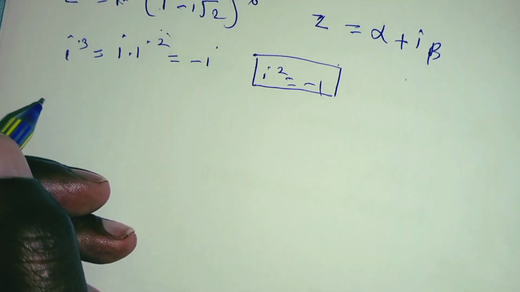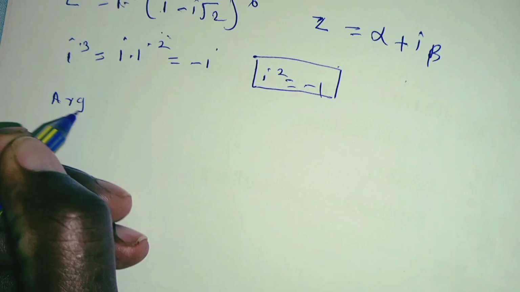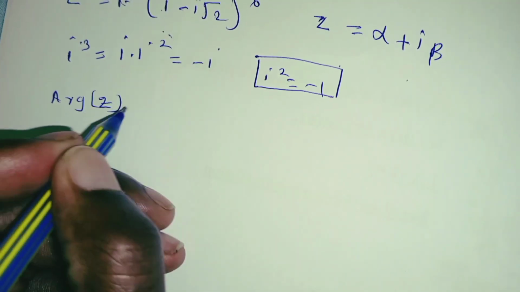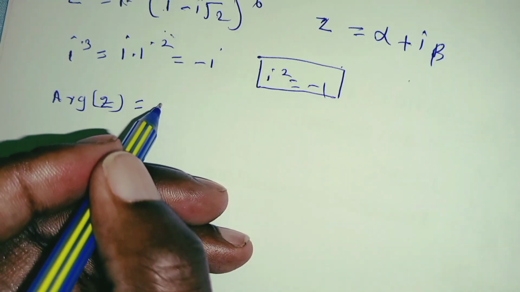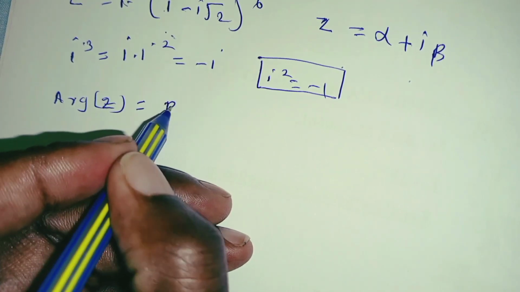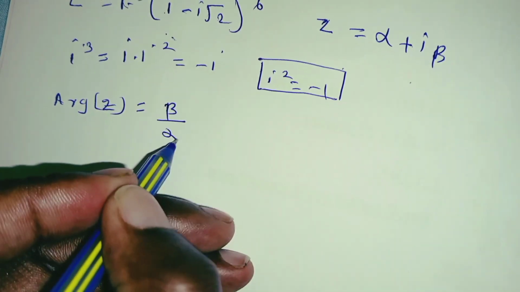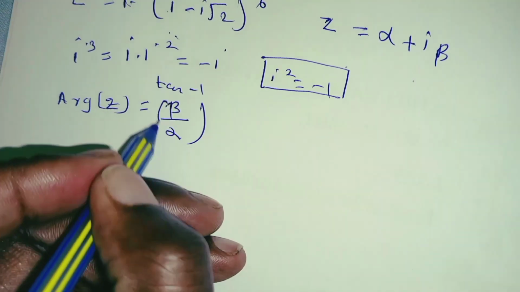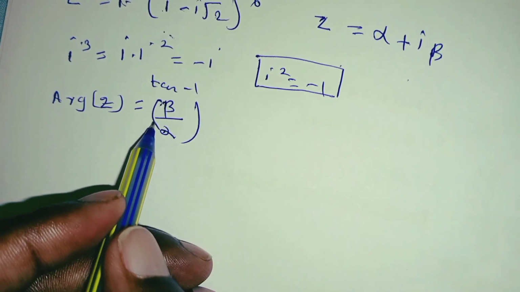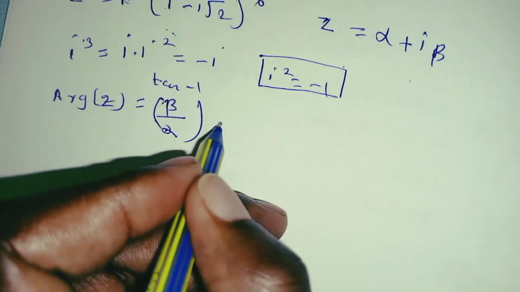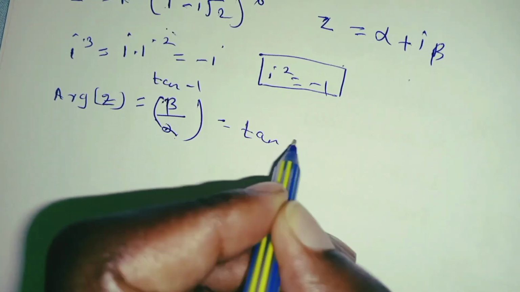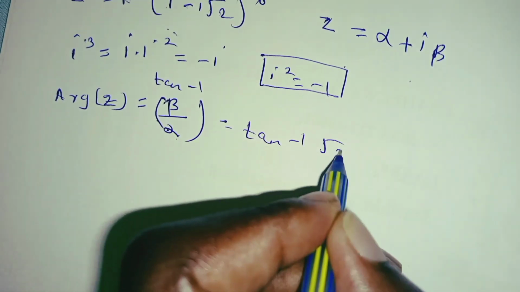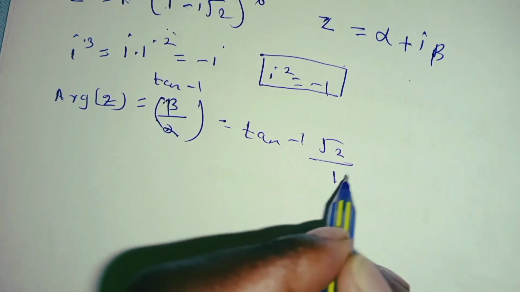Then from there now we get our argument of z, which is found by tan inverse of beta divided by alpha, which is equal to tan inverse of root 2 over 1.